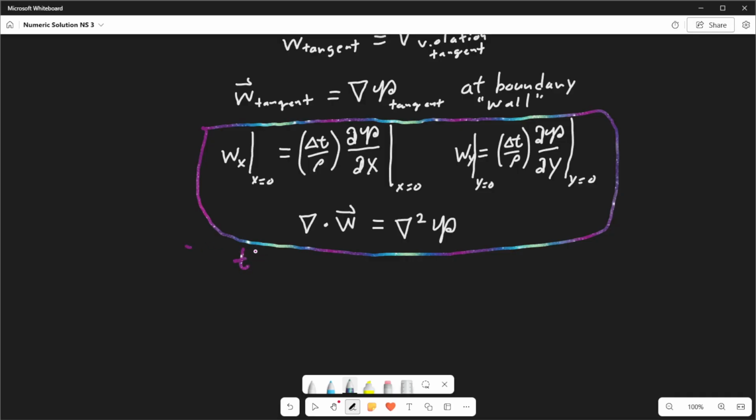So these for gradient of p, and W vector minus gradient of p.